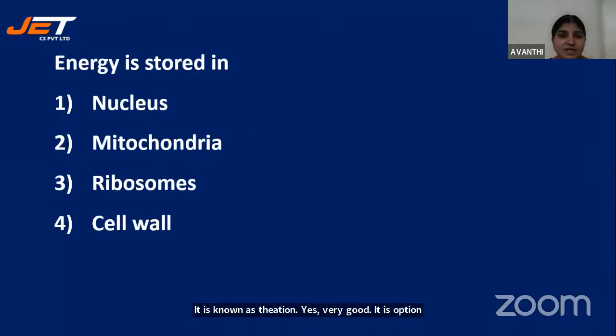Next, energy is stored in, as already I discussed with you, which cell organelle of the cell? Nucleus, mitochondria, ribosomes and cell wall. What's the answer? Yes, Manohar, Divya, Ashwin, Avinash. Preetika, it's not cell wall.